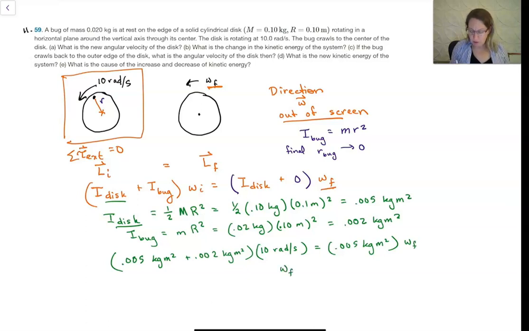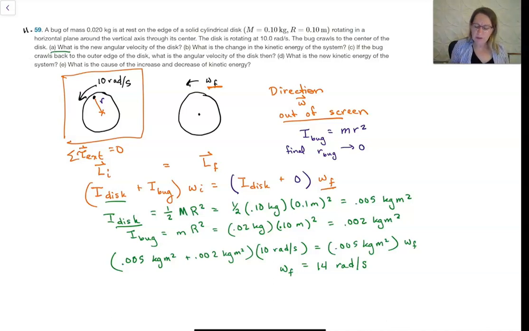So final omega is 0.007 divided by 0.005, or 7/5, times 10, and this gives me a final angular speed of 14 radians per second. Okay, so that's part A. Check.